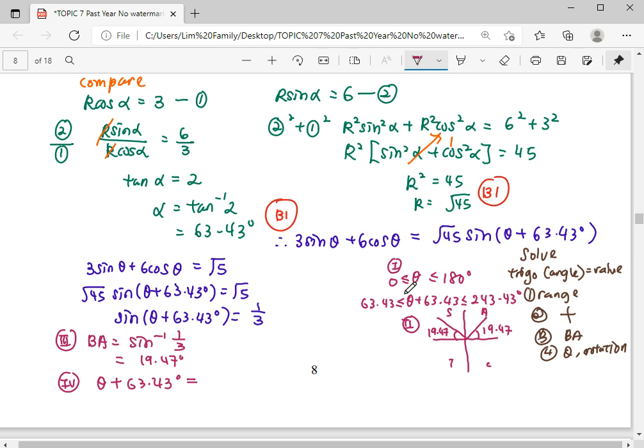So when the range here starts from 63.43, my angle here in first quadrant is no longer involved because this angle is only 19. 19 is less than 63.43. Our angle starts from 63.43 and then they start rotating until 200 something. So quadrant 1 here is already not involved. Then we continue. When you have rotation 63, go for quadrant 2. Yes, quadrant 2, this angle is involved. So for angle in quadrant 2, it will take 180 minus basic angle.